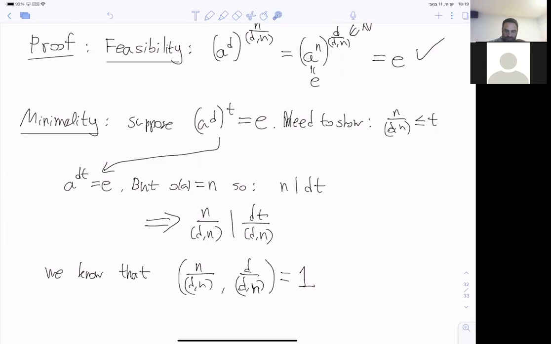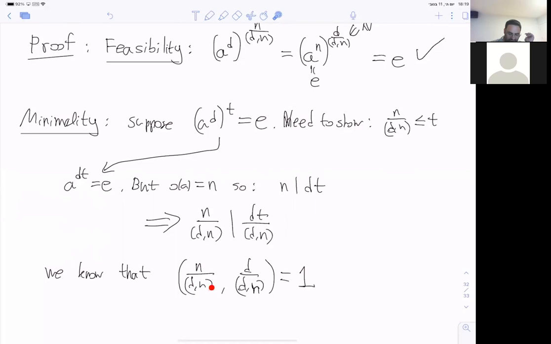Because if it wasn't 1, there would be some factor that belongs to both n and d and does not belong to the GCD. But the GCD is the greatest common divisor. So once you divide both by it, they have no common divisor.